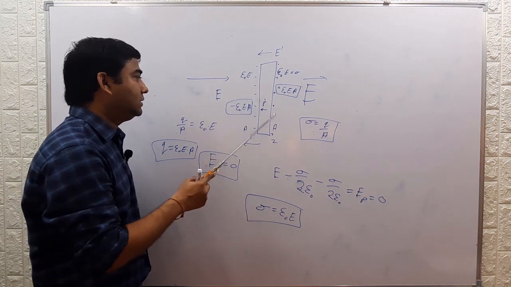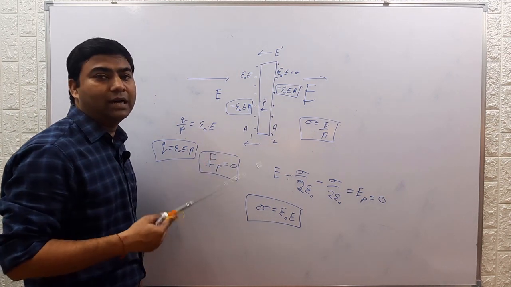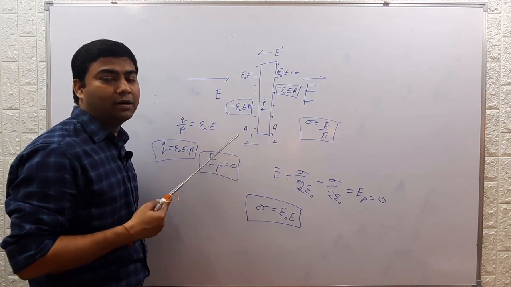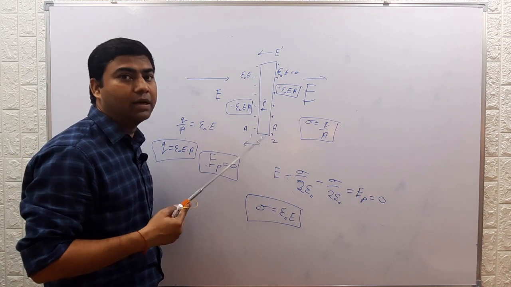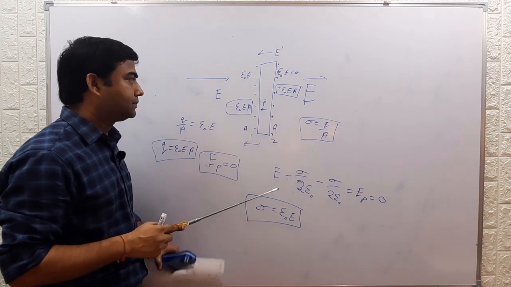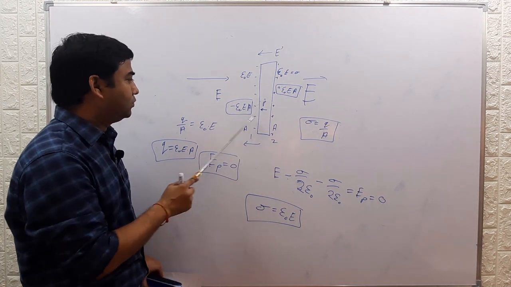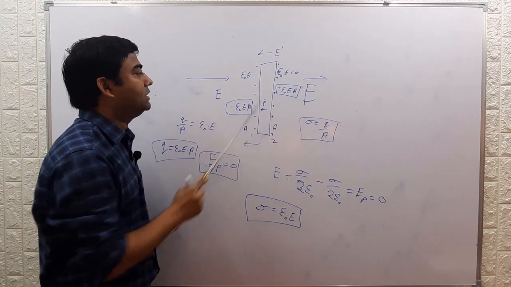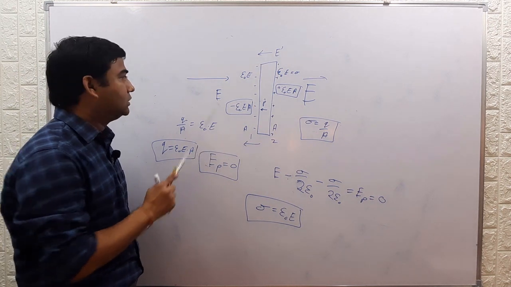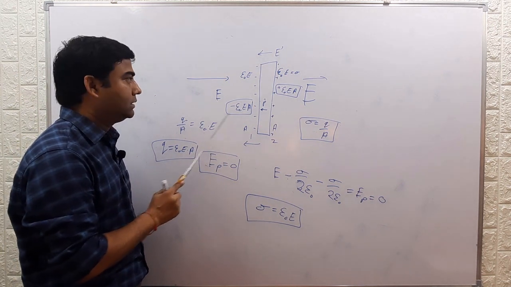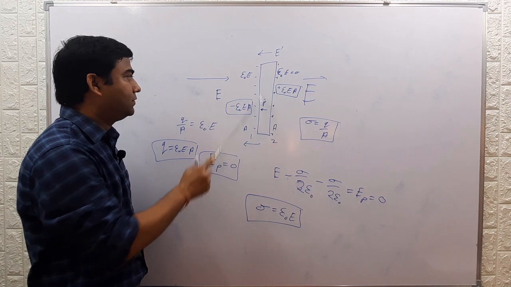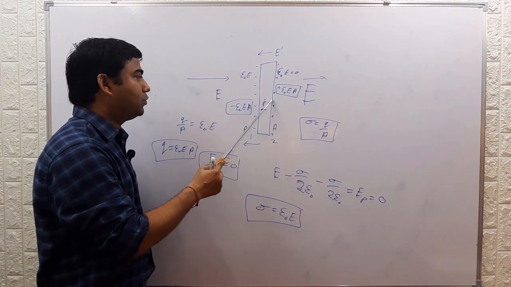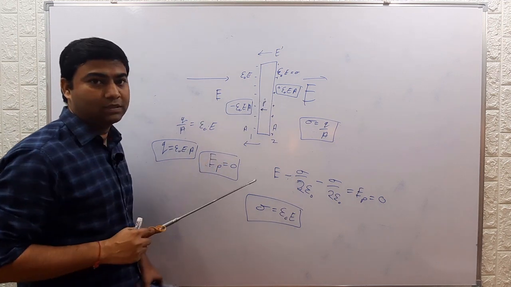Hence the formula for an infinitely large surface having charge density sigma can be used here. So at both surfaces minus epsilon 0 E A and plus epsilon 0 E A charge will be induced due to this electric field E, where A is the surface area of the plate and it is fairly large compared to the distance of point P from both surfaces.